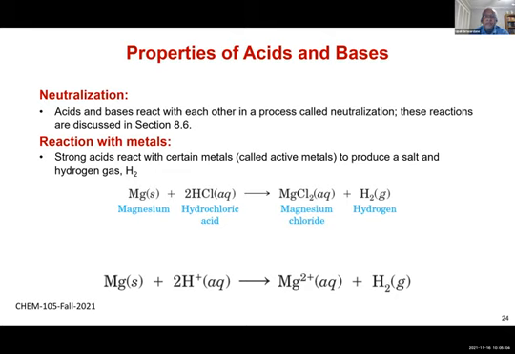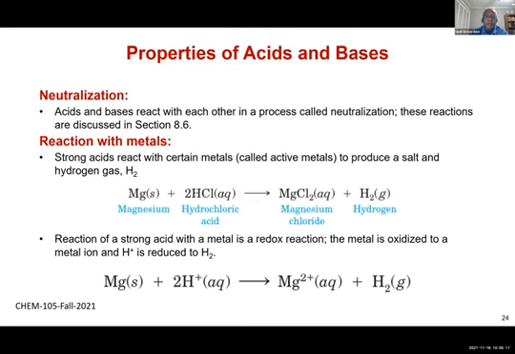Reactions in solution can be written as net ionic equations. The net ionic equation for the reaction of a metal with strong acids is given below. This is an oxidation-reduction reaction, a redox reaction.